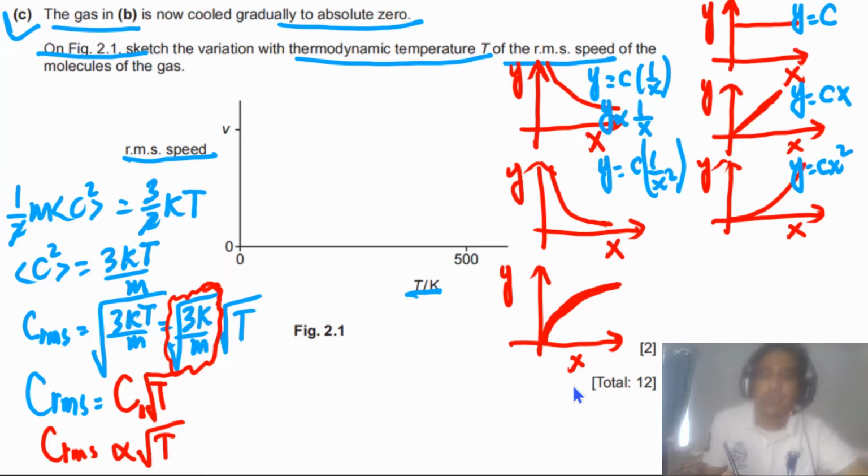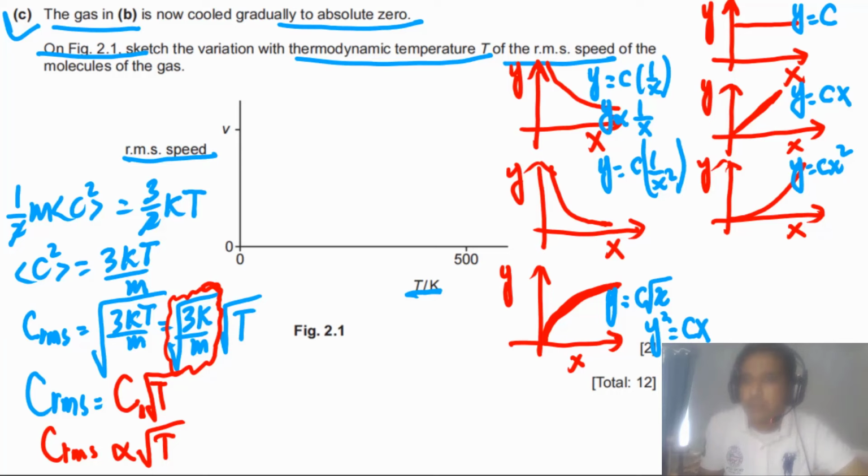And for this one, how about for this? If this quantity is y and this is x, then y is equal to some constant times root of x, or we can say y square is equal to c times x.